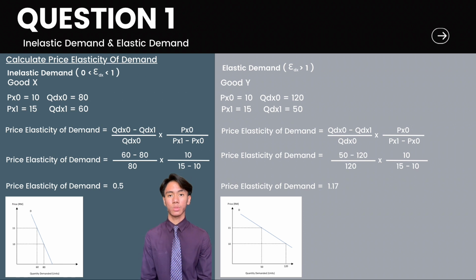So the calculation will be 60 minus 80 over 80 times 10 over 15 minus 10. So the answer will be 0.5.